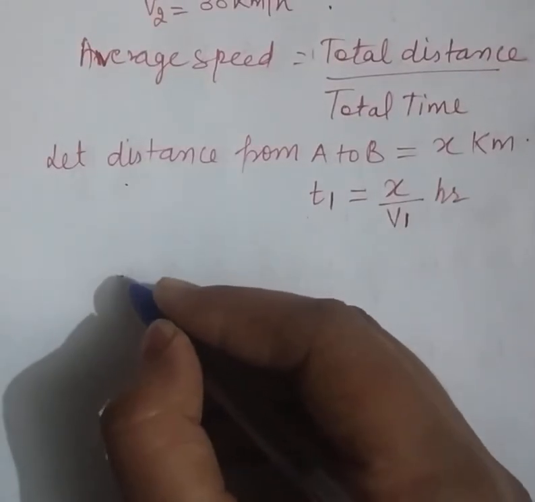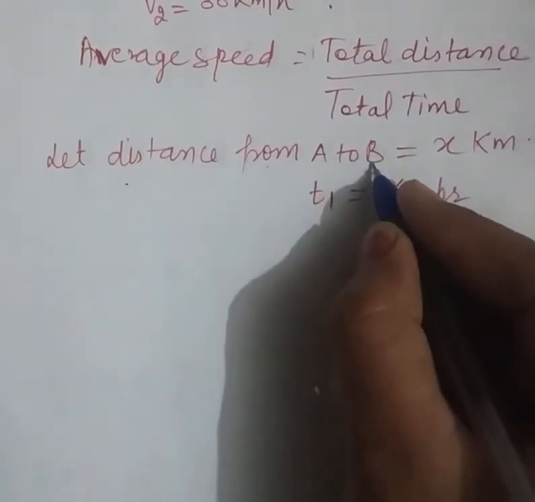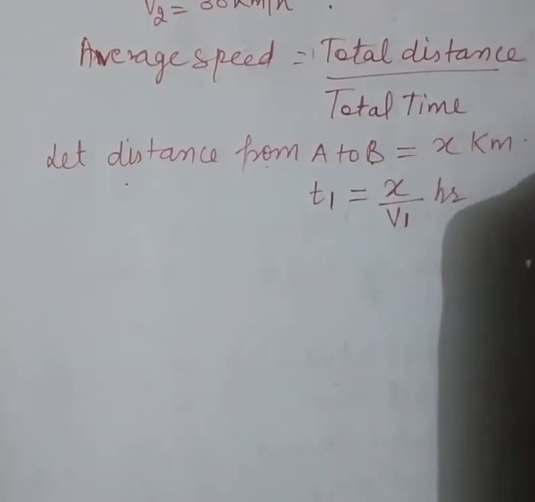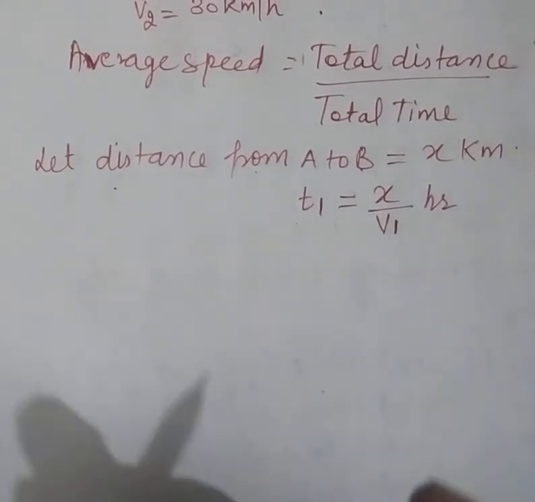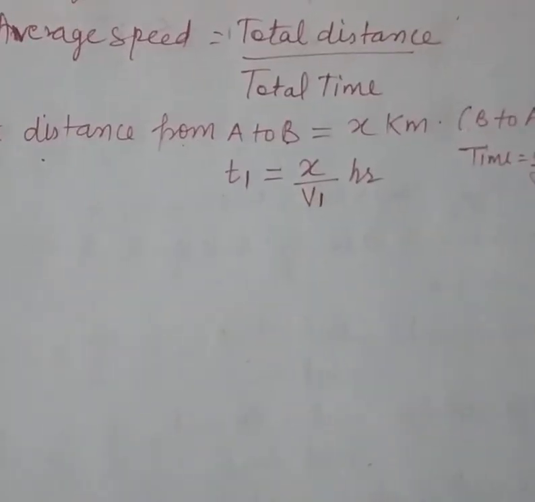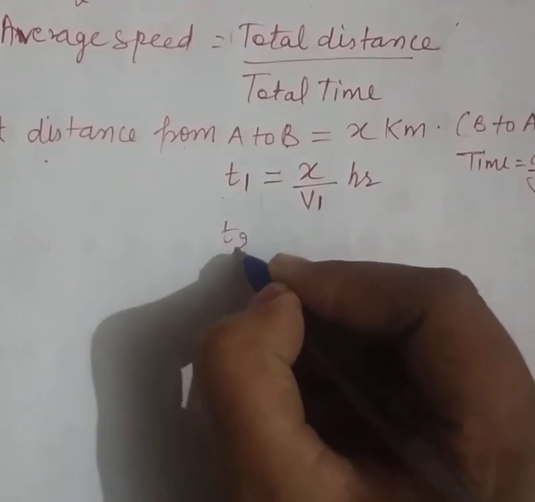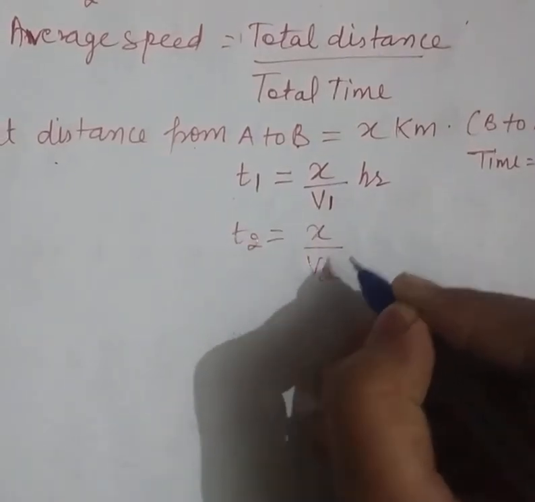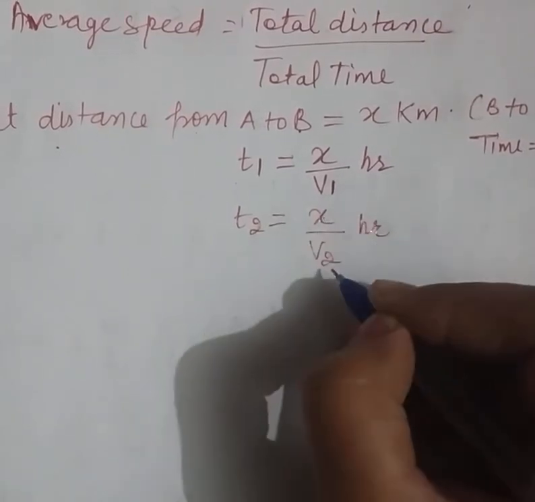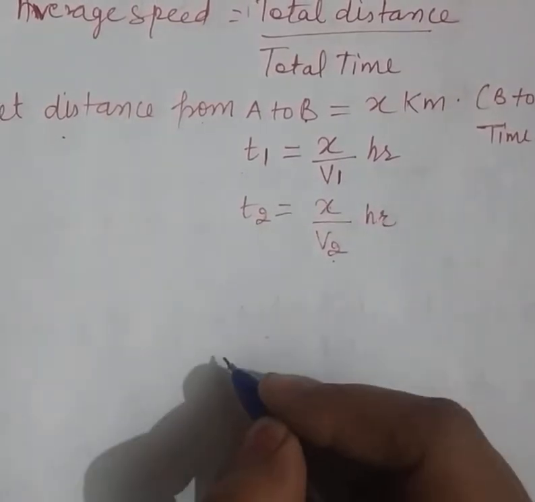The distance will remain the same from A to B, or from B to A, it will remain the same. So now what will be the time for the second case? For the second case, time is distance upon velocity 2. Distance is the same, velocity is V2, so I am putting here X by V2.